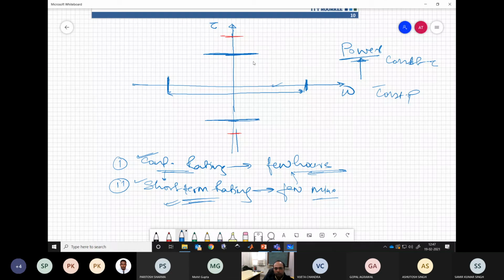Now beyond this, if you try to plot the power, it would be increasing, and then it will reach the limit. So beyond that, we need to have a flat, okay, I'll draw power in, let us say, green, for clarity.